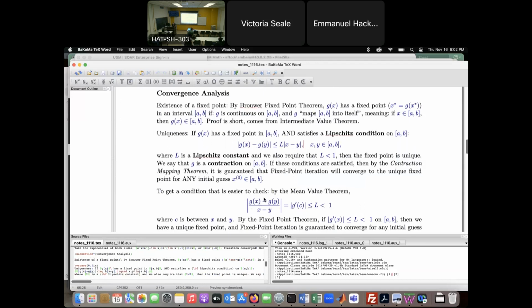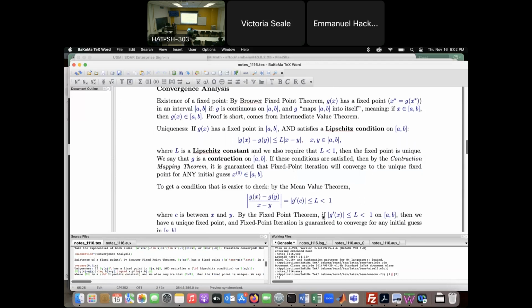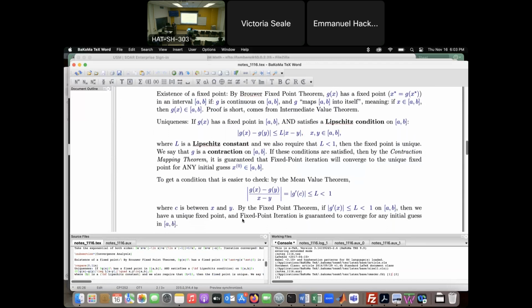So if you can verify that the absolute value of the derivative on AB is less than or equal to some constant capital L that's less than 1, then that will guarantee that there is a unique fixed point and fixed point iteration will converge. You need G to be differentiable for that condition to apply, but it's certainly a lot easier to check.